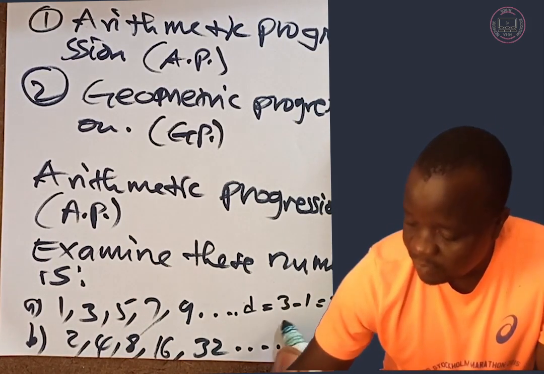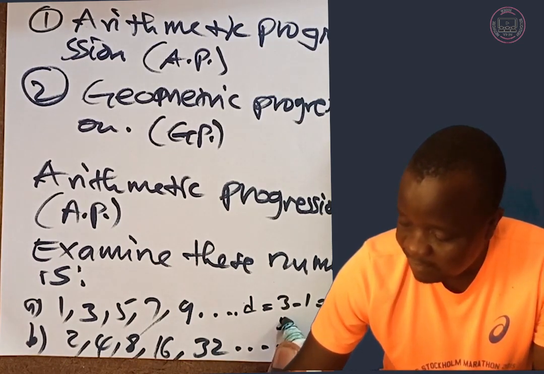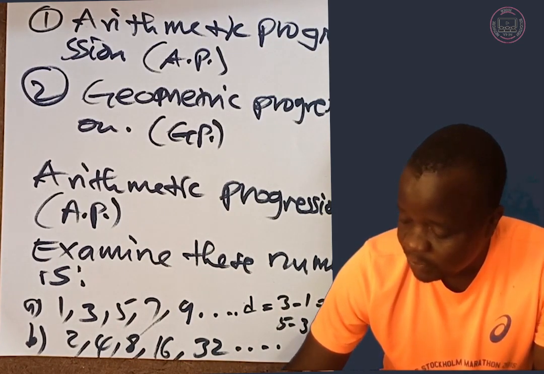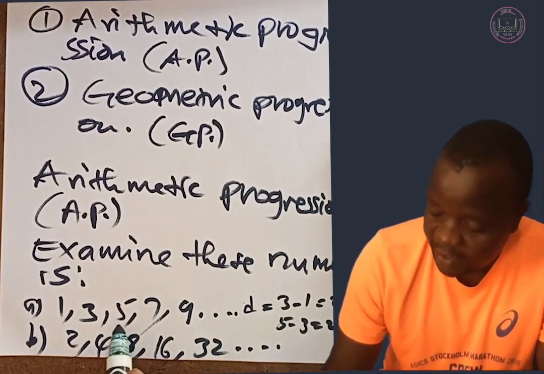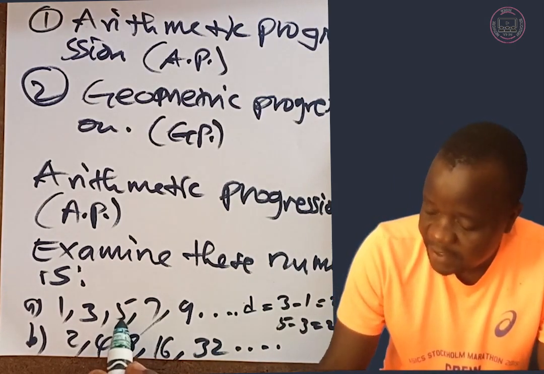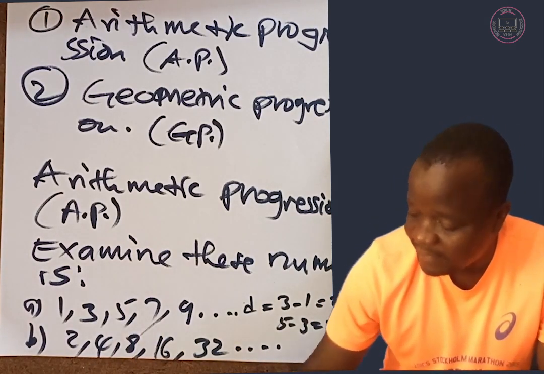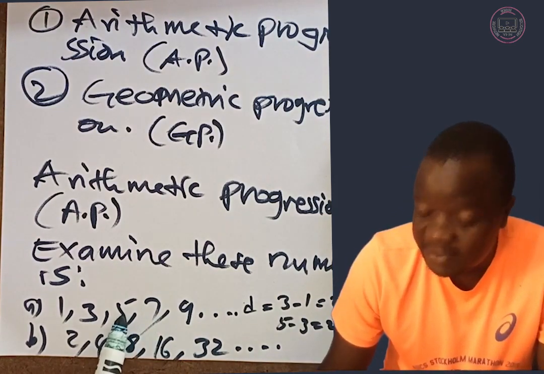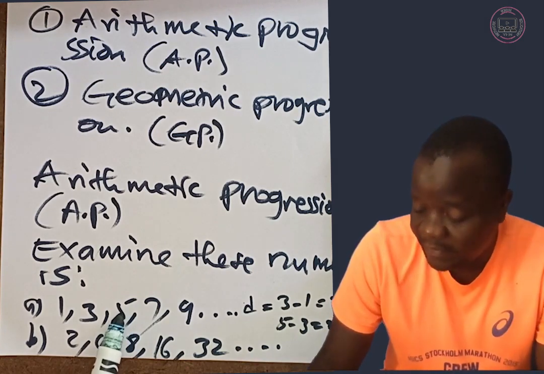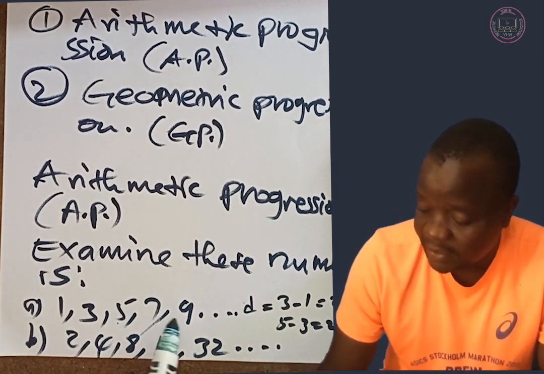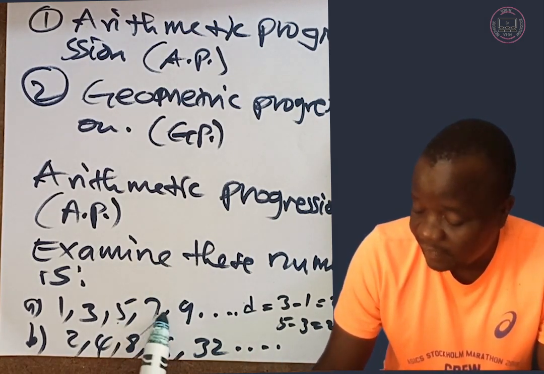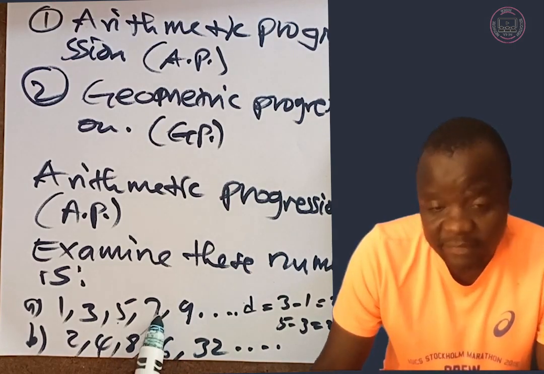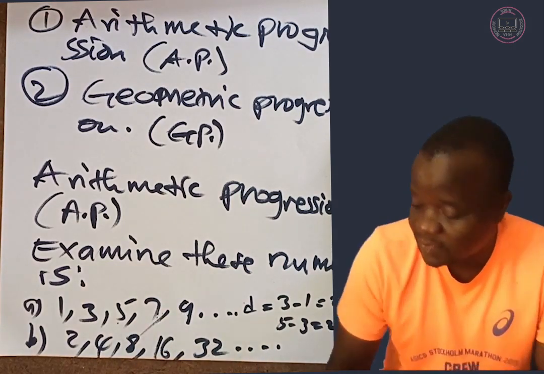So now we have 5 minus 3, which gives us 2. And again here, we may pick 5 and 7. If we subtract 7 minus 5, we get 2 again. And even if we pick 9 and 7, we subtract them, we still get a 2.